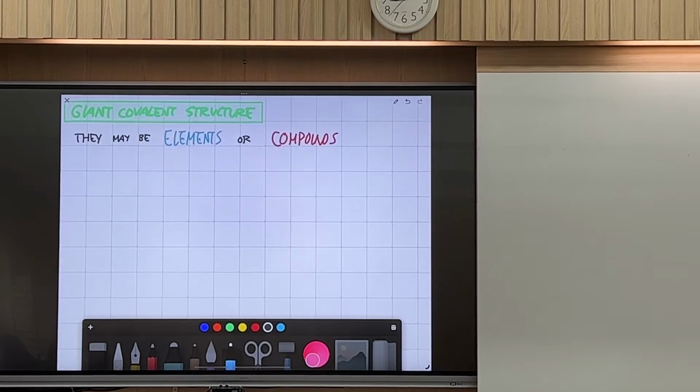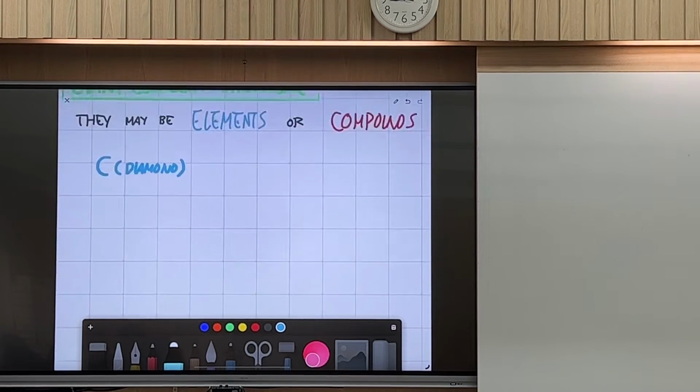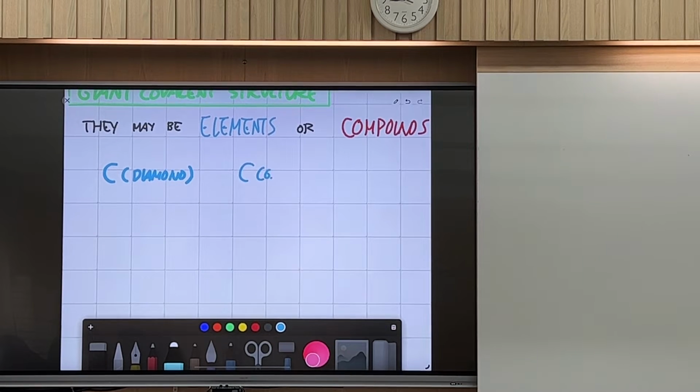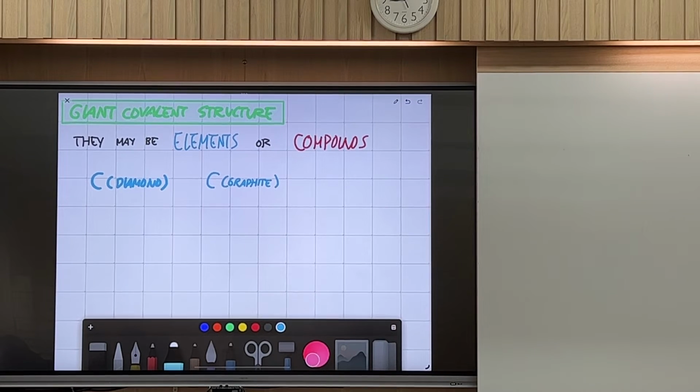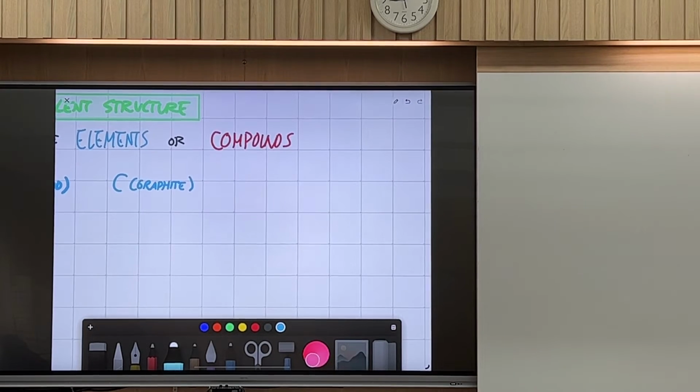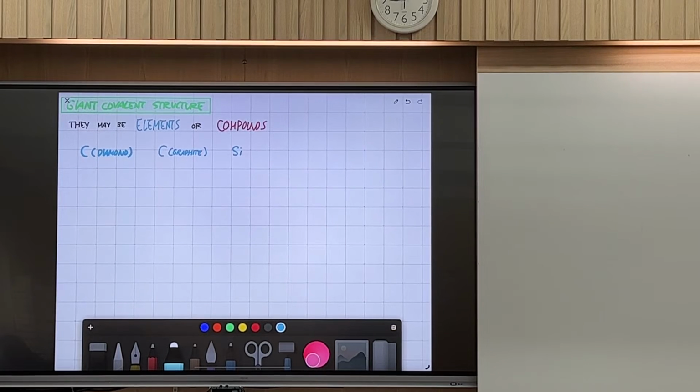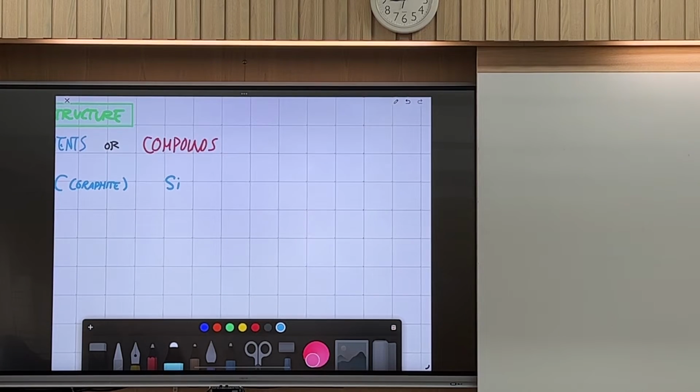So starting with elements, okay, we have carbon, the element, okay, so carbon can exist in one of two forms, common form, diamond, okay, we have carbon, graphite. So these are elements, okay. We can also have silicon, okay, so Si, or silicon. For compound, there is only one example that you need to know, is SiO2.